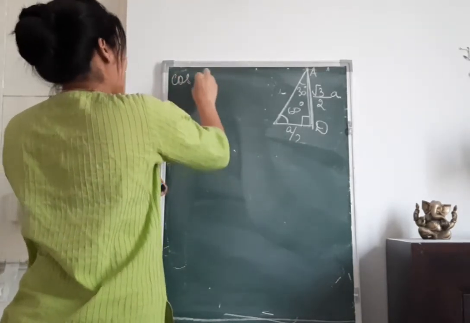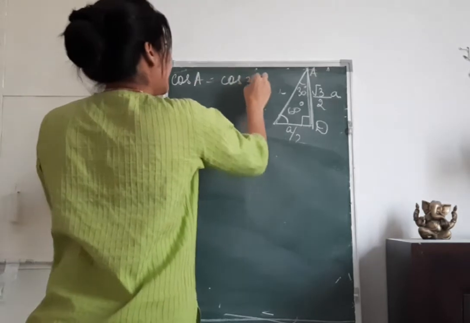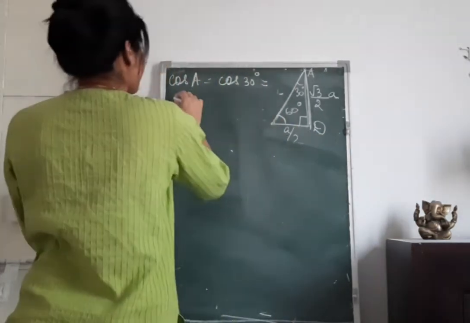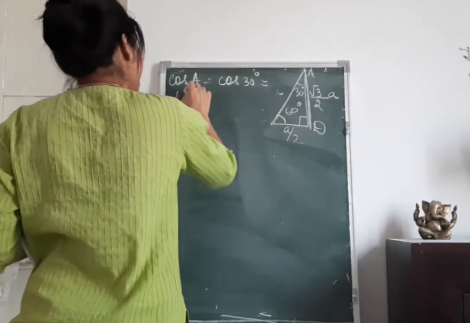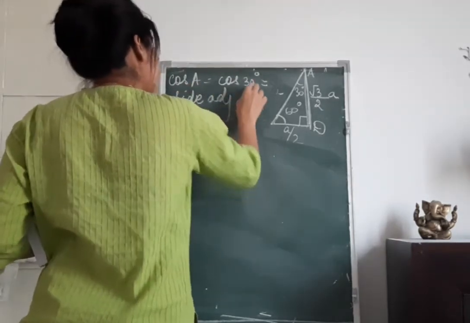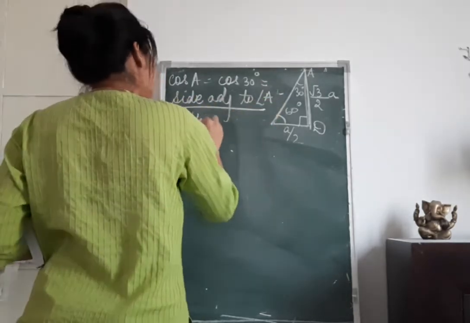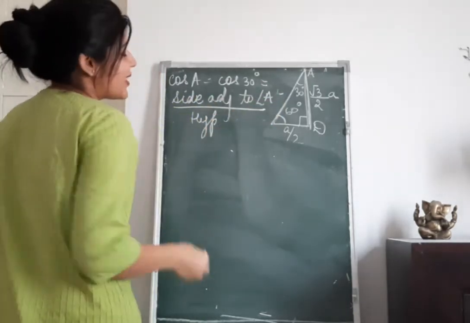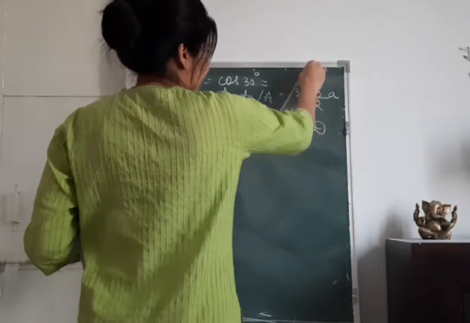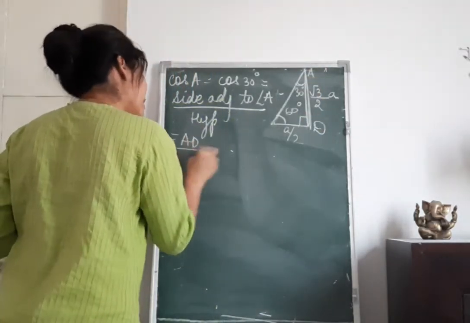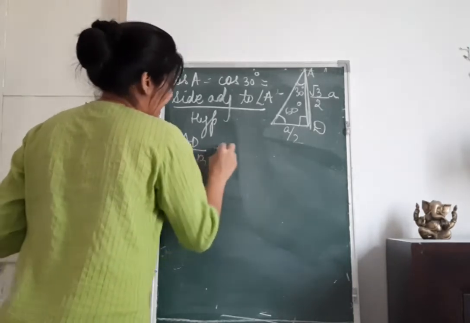Cos of A or cos of 30 degree is equal to side adjacent to angle A upon hypotenuse. Which side is adjacent to angle A? Clearly AD, that is AD upon AB, and AD is what?